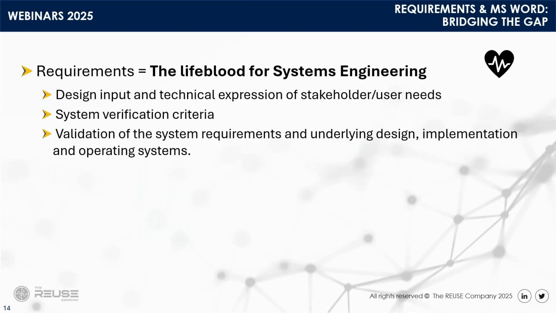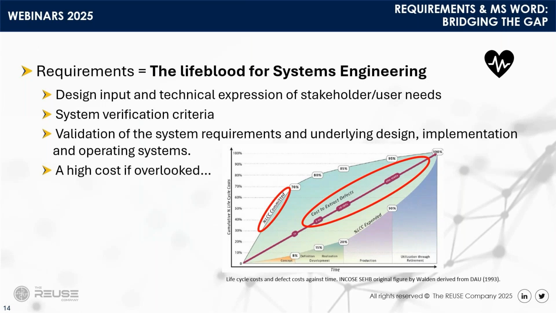Requirements. If we talk about stakeholder requirements, we validate the system requirements and the underlying design, implementation, and operating systems. So these are very important factors which, if overlooked, would end up with a higher cost for the system development.